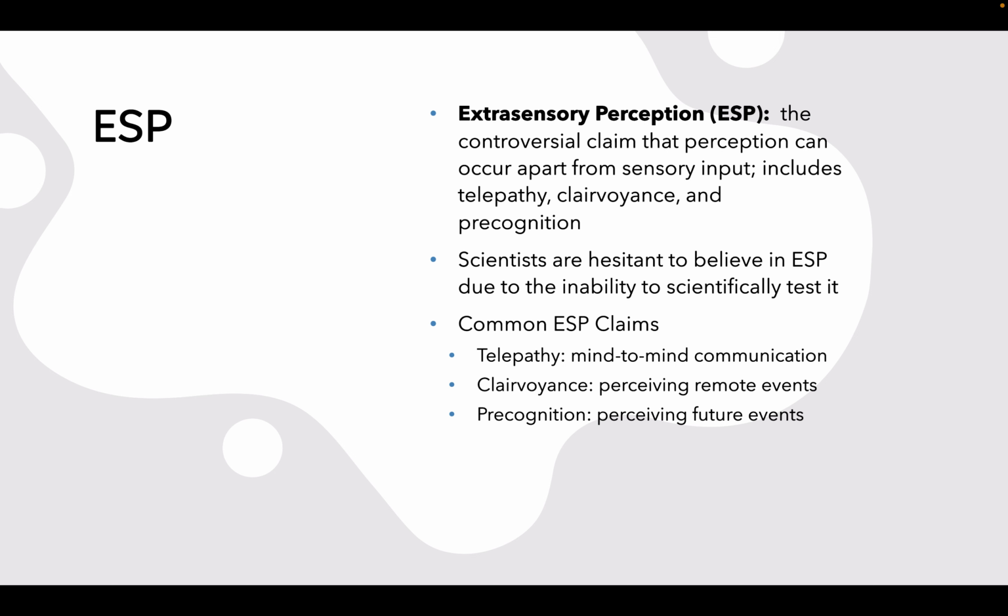Some common types of ESP are telepathy, which is mind-to-mind communication, like being able to talk to someone in your mind. Clairvoyance, which is being able to perceive remote events. And precognition, which is perceiving future events.